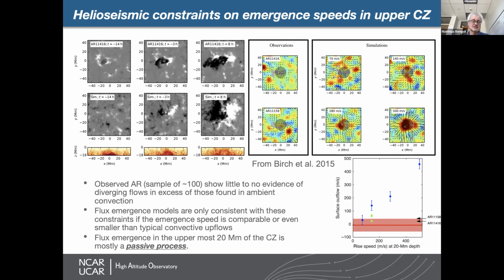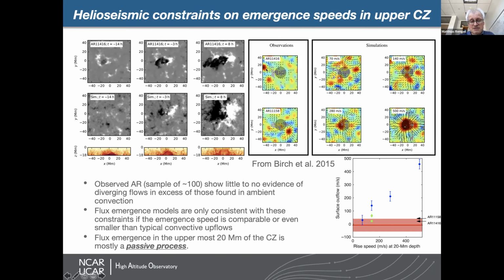And the flows you would expect prior to flux emergence is what is shown here in the lower right panel, that you have a strong diverging flow in the photosphere and the uppermost layers of the convection zone prior to flux emergence. Whereas people have looked into samples of active regions, and if you look something like 12 or 24 hours before flux emergence, you essentially see no evidence of such flows.